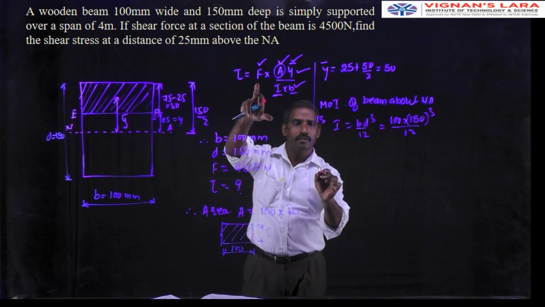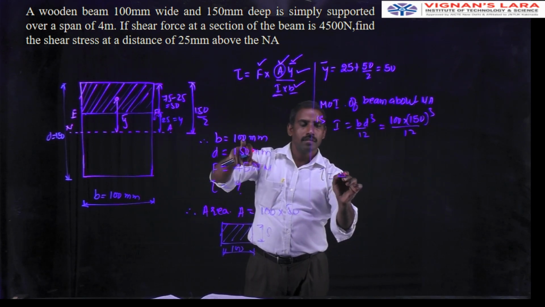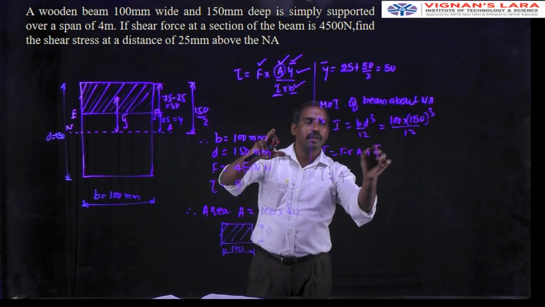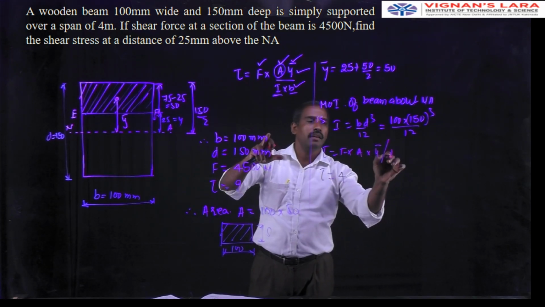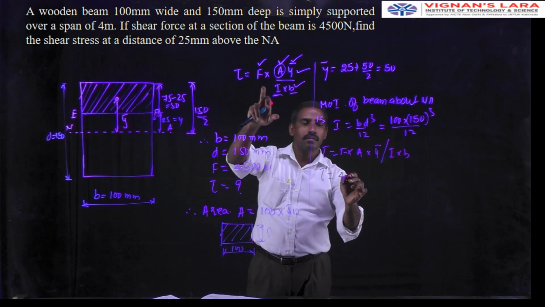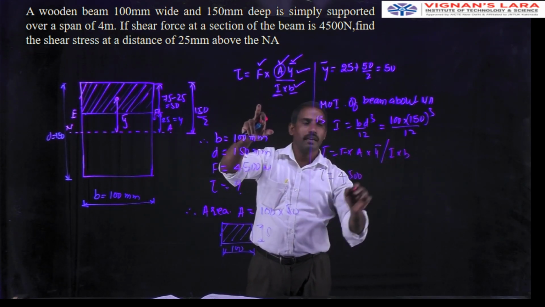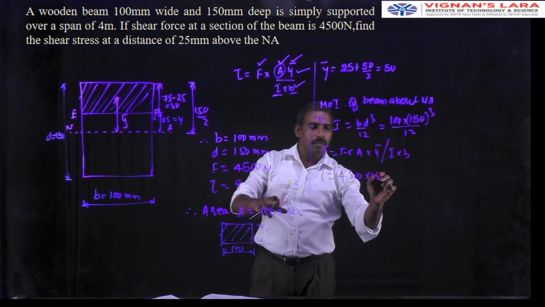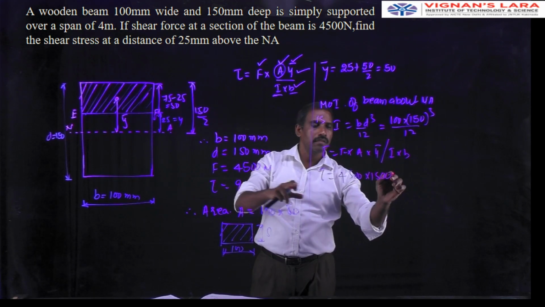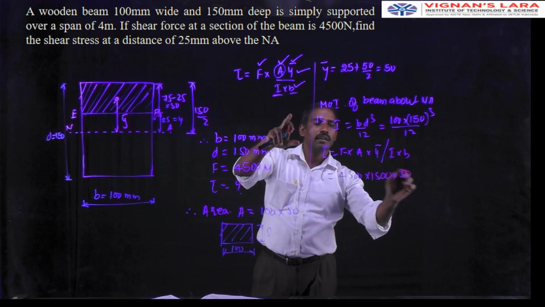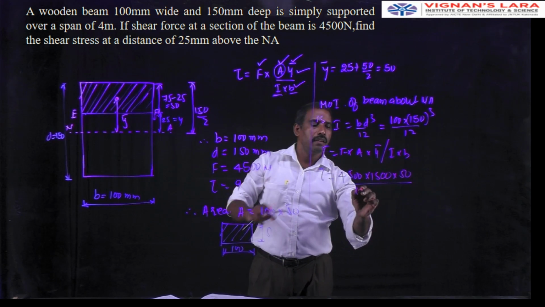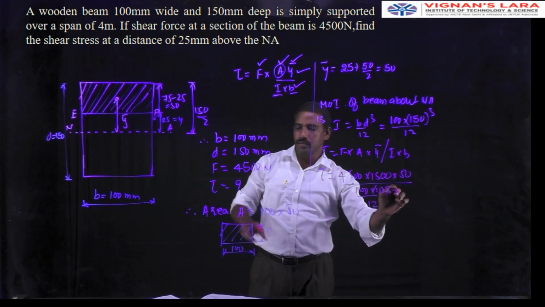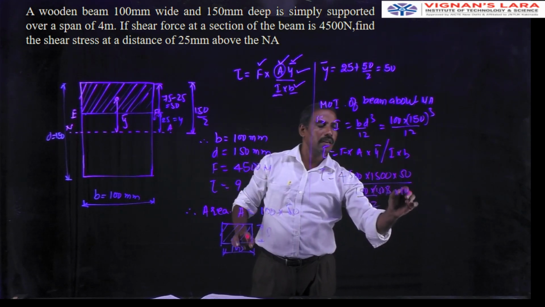By substituting all these values, tau is equal to F into A into Y bar, all divided by I into B. So that is equal to 4500 into A, which is 1500, and Y bar is 50, all divided by 100 into 150 whole cube divided by 12, into the B value, that is 100.